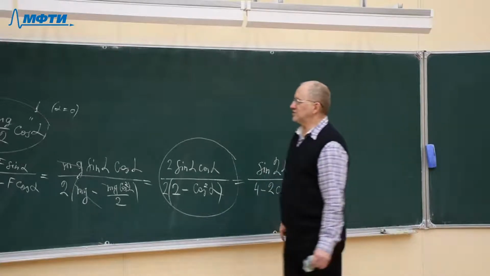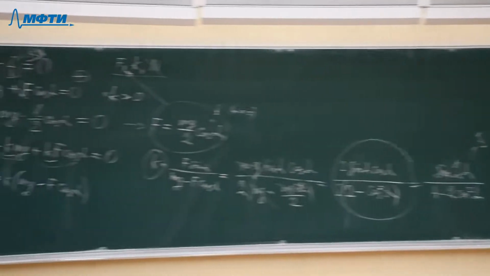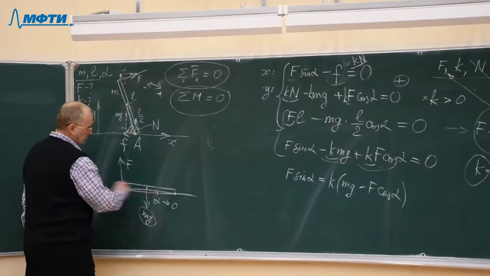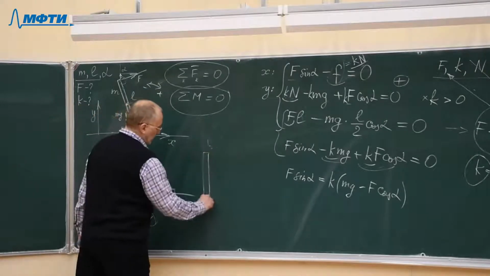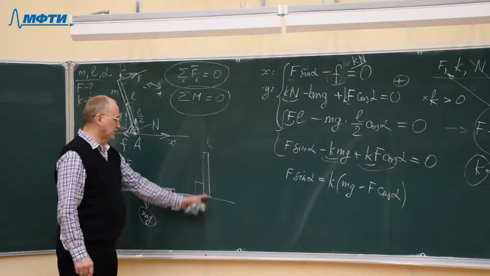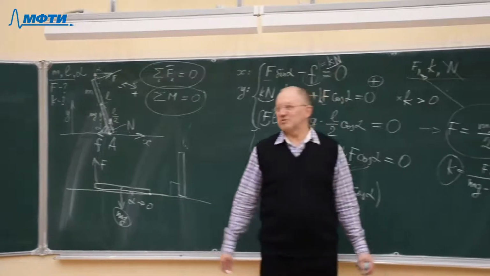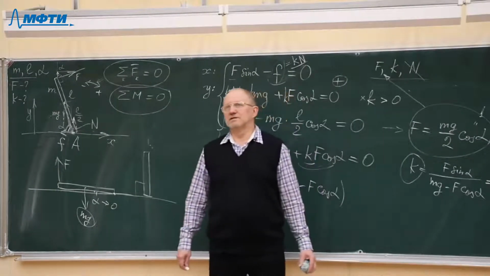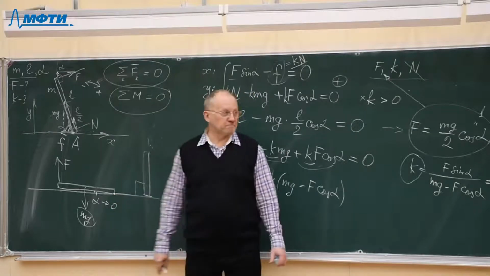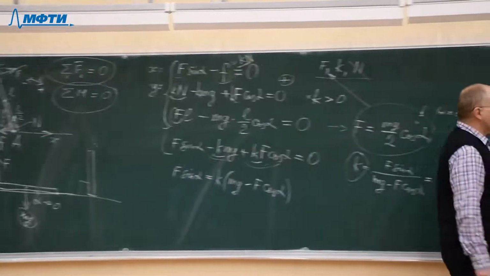So the coefficient of friction will be 0 when alpha is 0, that is when the rod is horizontal, and when alpha is pi over 2, when the rod is at the right angle. In both cases, you need no friction to keep the rod in static condition. You need no friction here and here. That seems to be reasonable.